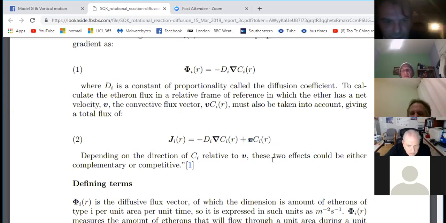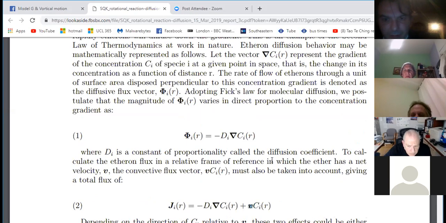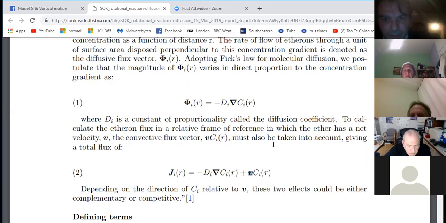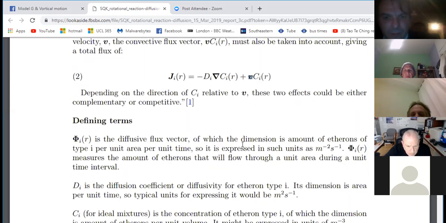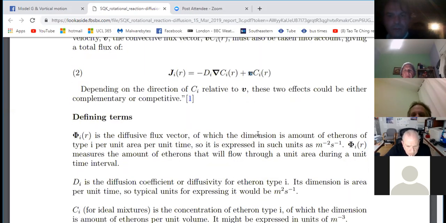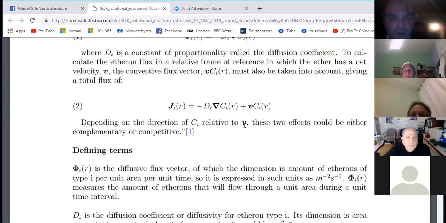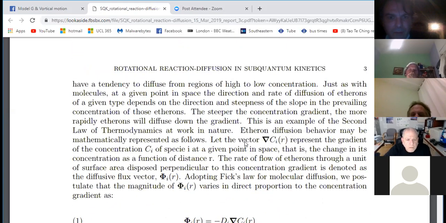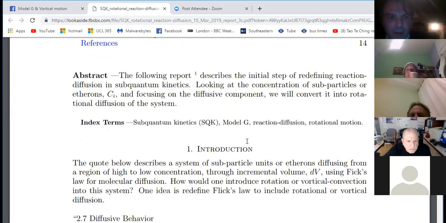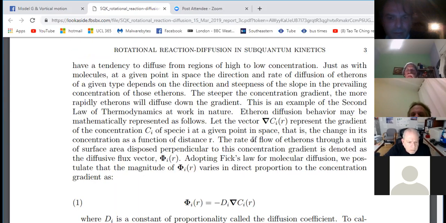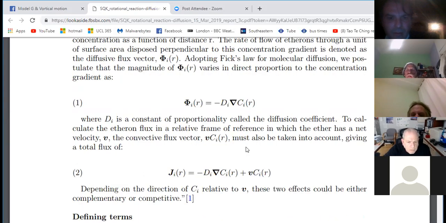Whereas you've said it must also be taking account of velocity. Okay, this thing could be good to read. I will go through it. But it looks very much like a convective derivative, that thing.